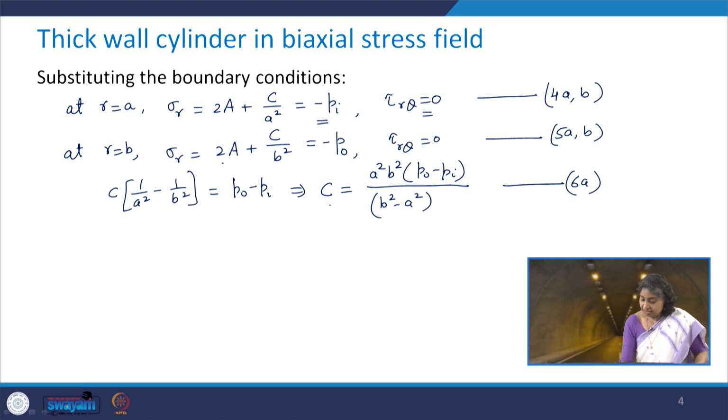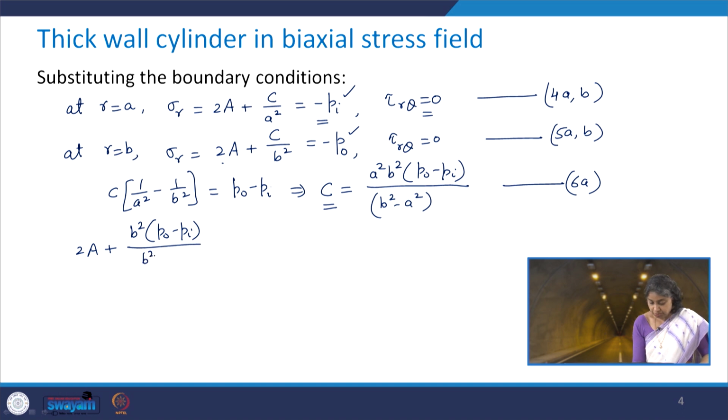Now, once I obtain the expression for c from this 6a, just substitute it in either 4a or 5a. So you will be able to get the expression for a. Let us say that I put it in 4a. So that is going to be 2a plus c upon a square, which will become b square into p naught minus p i divided by b square minus a square, and this will be equal to minus p i.